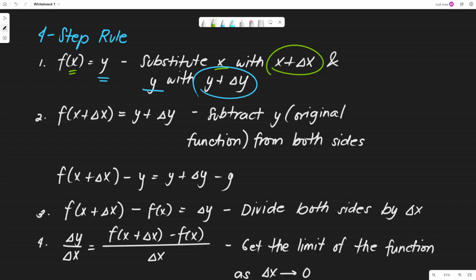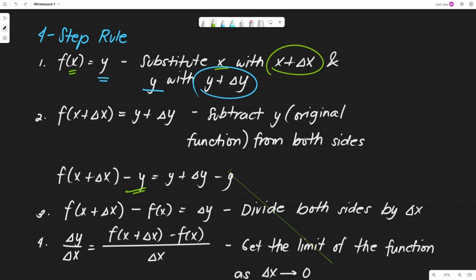Now, next step, we are going to subtract the original function from both sides, no? So magsusubtract tayo ng original function. So meaning yung y, 'di ba? So we'll have f of x plus delta x minus y is equal to y plus delta y minus y. However, dun sa right side, no, we can see y minus y is equal to 0.